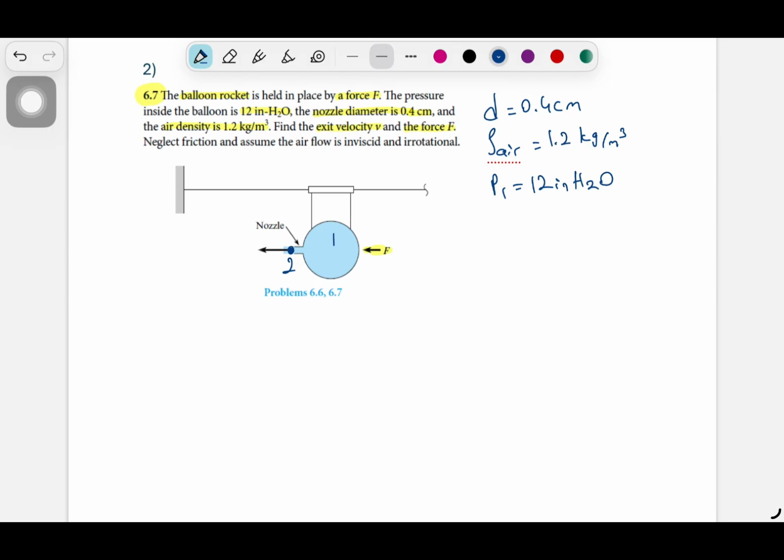And we need to convert this to a more common unit, such as Pascal, which is Newton per square meter.